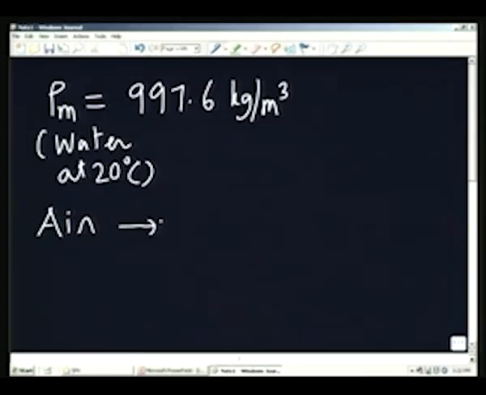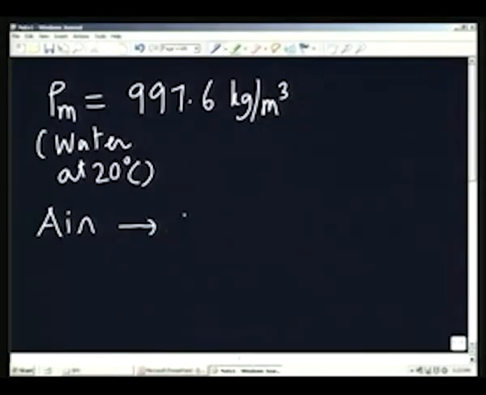For this, we will assume, because the pressure differential between the atmosphere and what is measured is related to, after all, that 150 millimeters, and the 150 millimeters is very small compared to 1 atmosphere. Therefore, we can assume that the air is essentially at 1 atmospheric pressure as far as the density calculation is concerned.